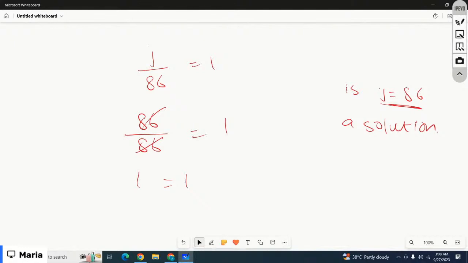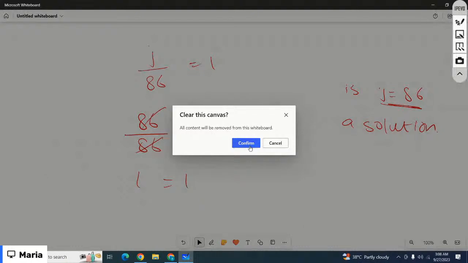Let's do another equation. For example, you are given the equation x plus 3 equals 4. You have to see if x equals 1 is the solution of the equation. We have to replace the x with the value.